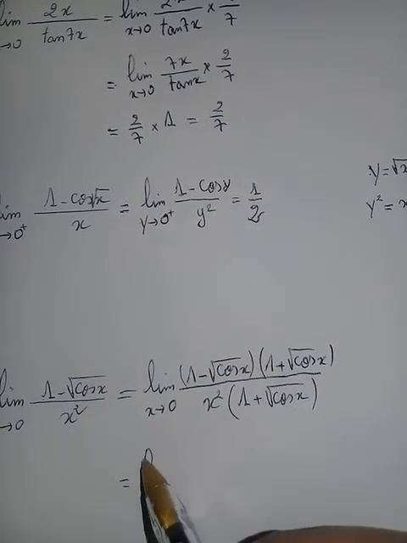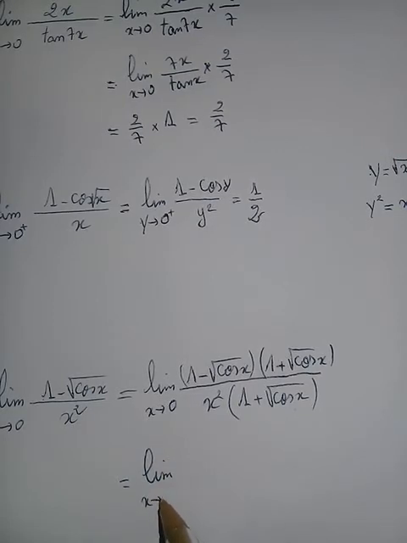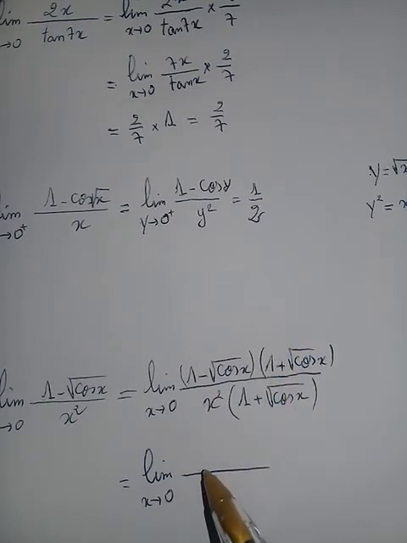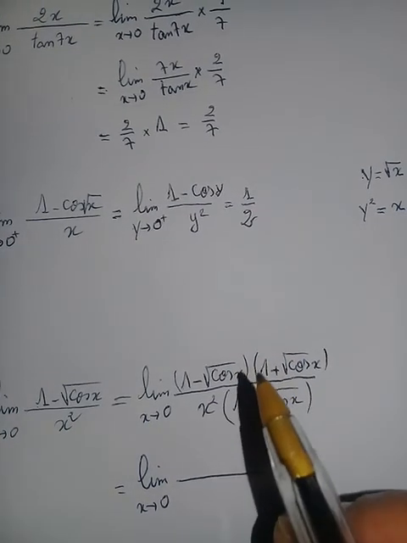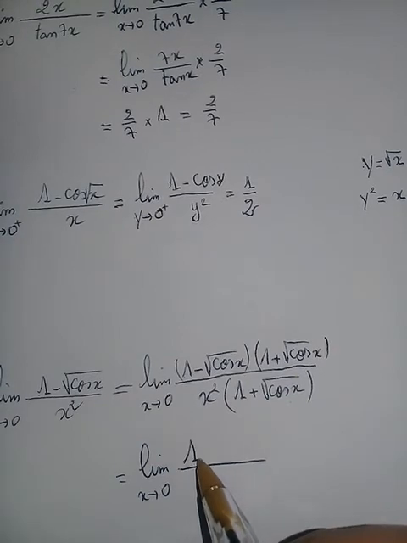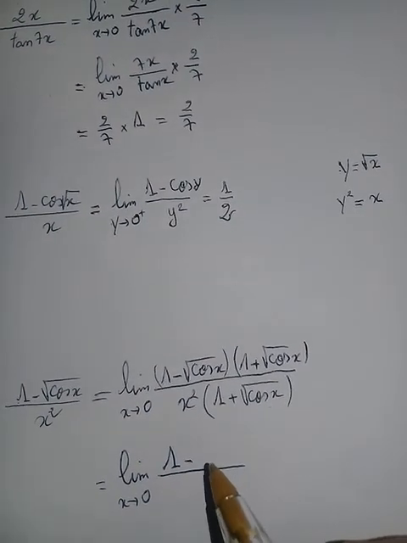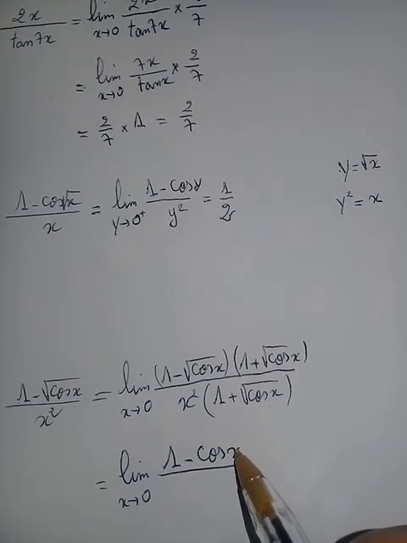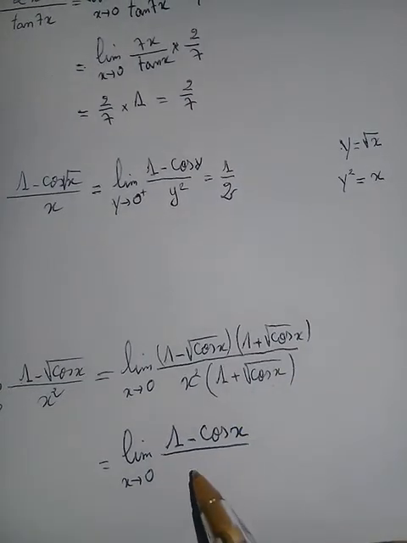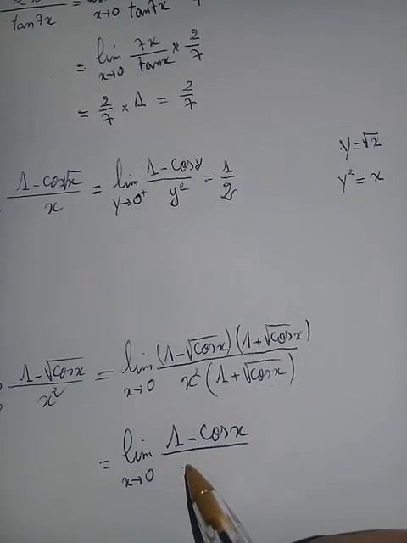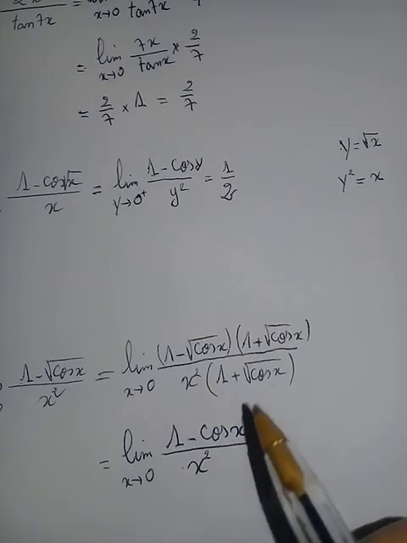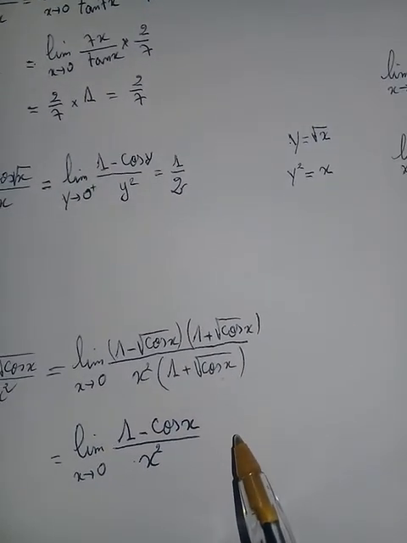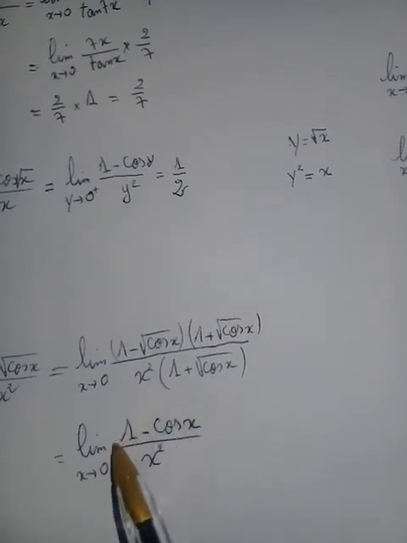So it's the limit x approaches 0. We saw this in a previous video. It's 1 squared minus this squared, which gives us 1 minus cosine x over x squared times this. I'm gonna put this at the side because I know this limit.